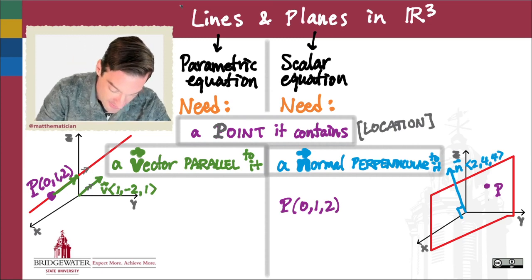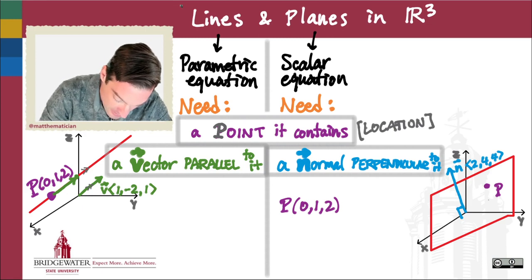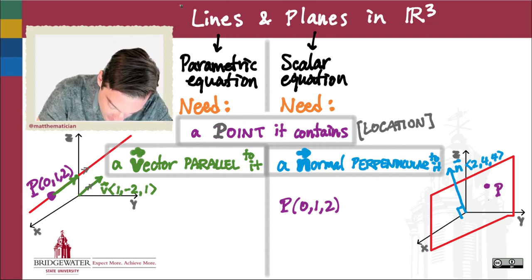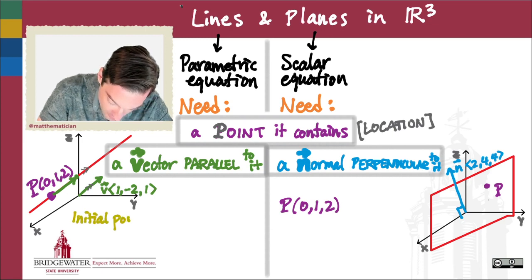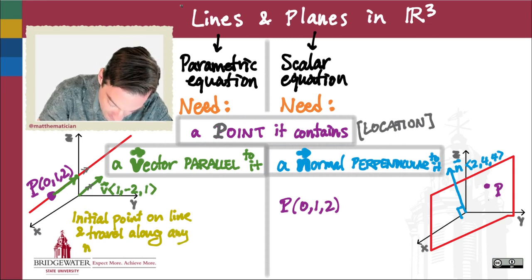So starting with the line example over here on the left, the key observation here is that if the initial point is on the line and I travel along any multiple of v, my direction vector, what I'm going to get is another point on that same line.